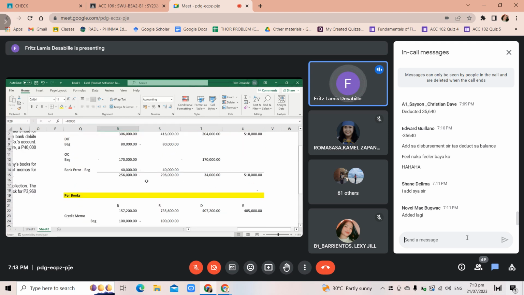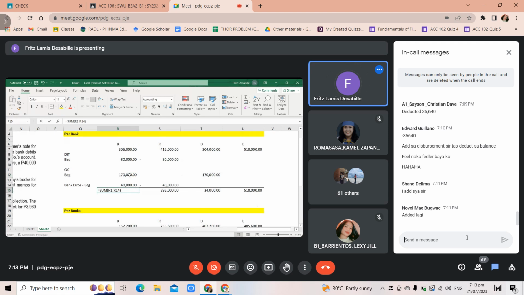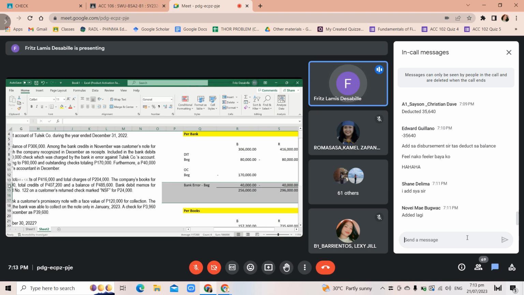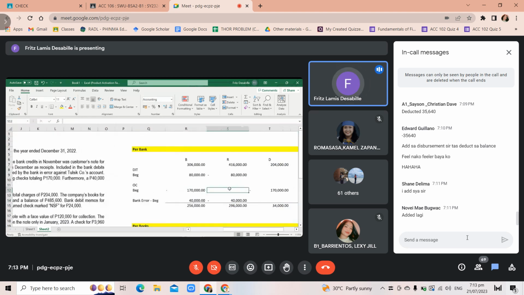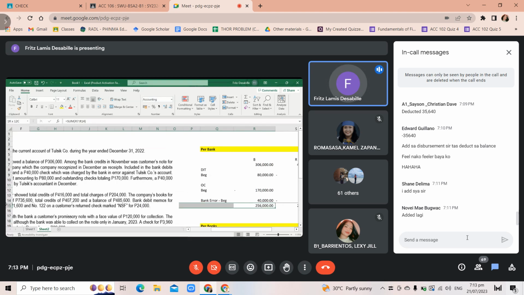Bank error beginning. Okay, so, asa ko na sa'yo? Balikan sa nako guys sa ganong difference ni siya ang 40k.